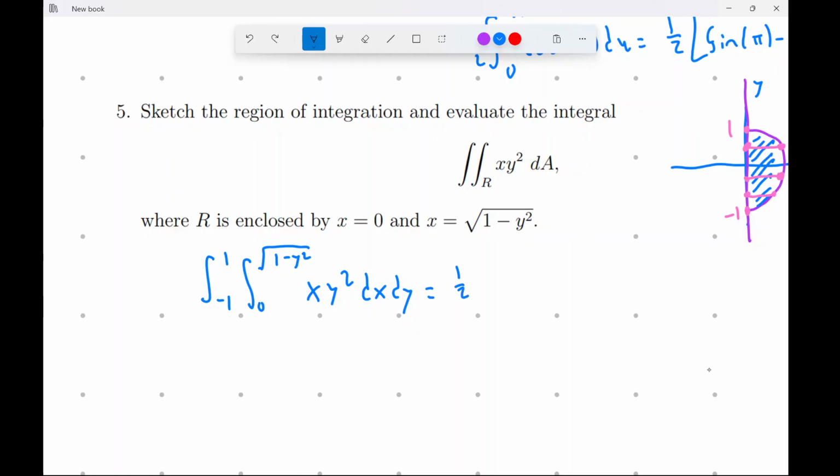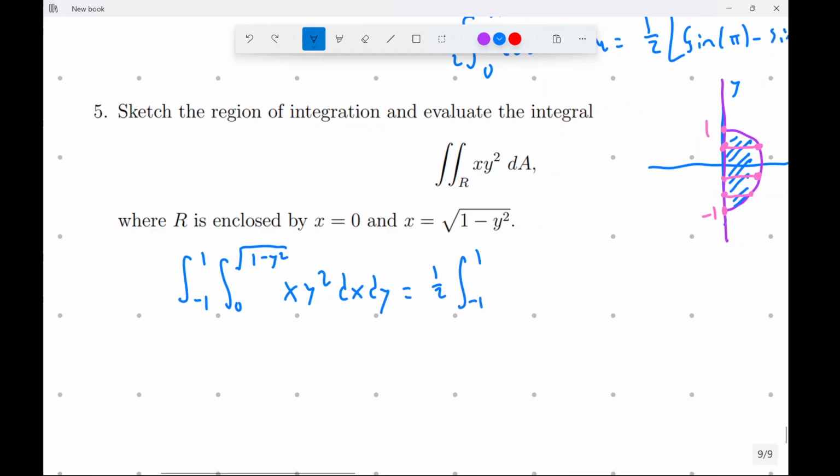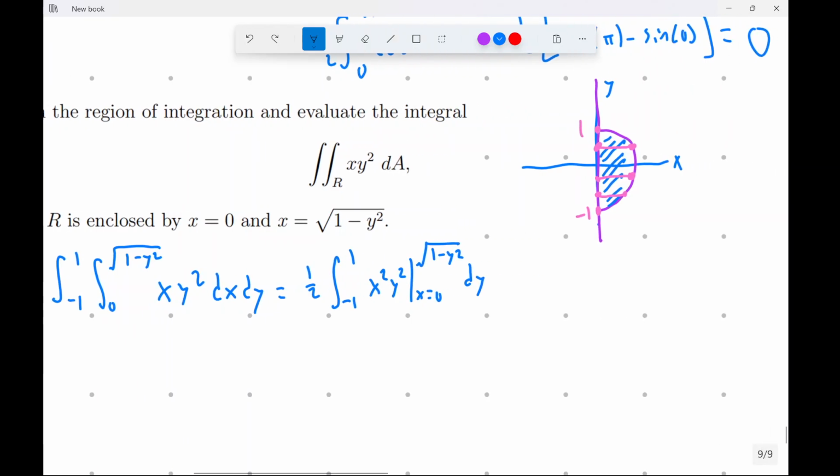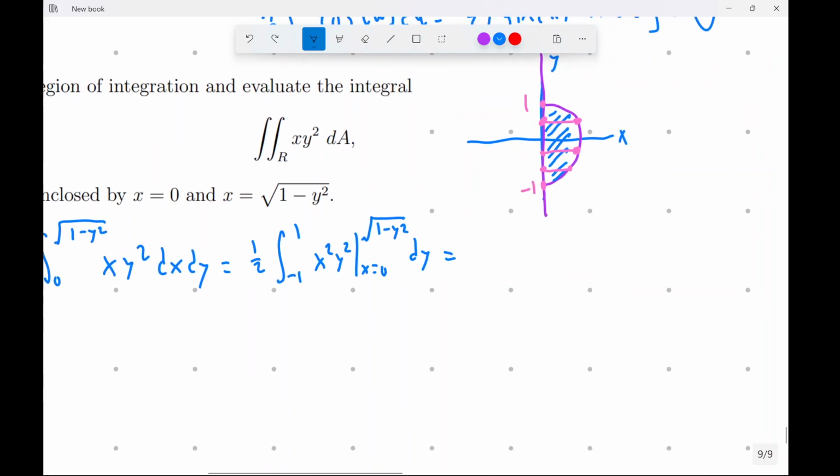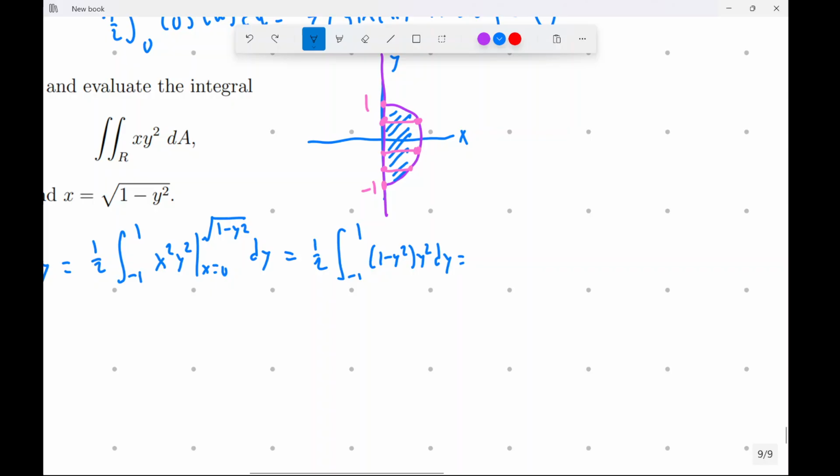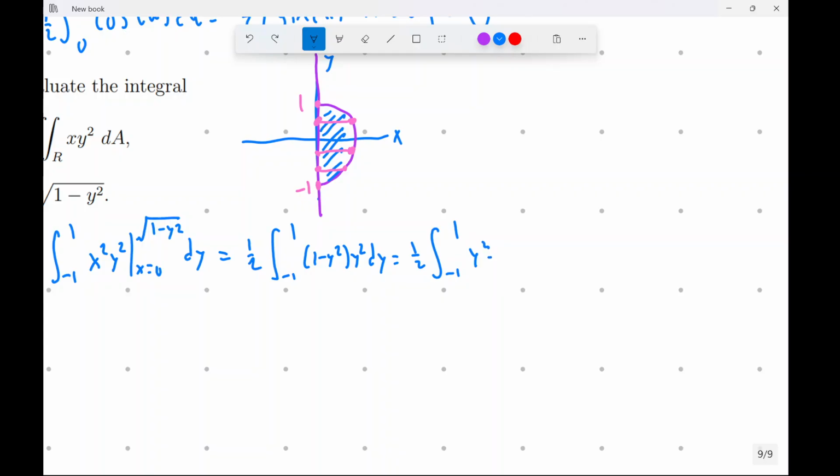Okay, so now we treat y as a constant because we're only doing the innermost integral. This will be 1/2 integral from negative 1 to 1 of x squared y squared, with x going from 0 to root 1 minus y squared. So then we just plug those in. We get 1/2 integral from negative 1 to 1 of 1 minus y squared times y squared dy, which is 1/2 integral from -1 to 1 of y squared minus y to the 4th dy.